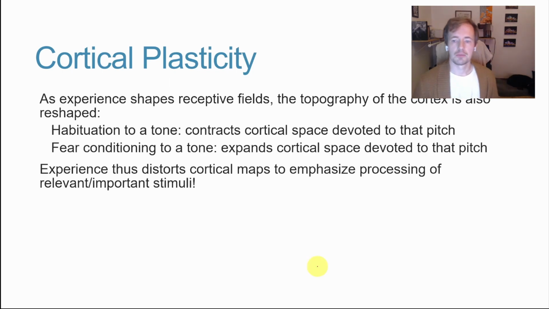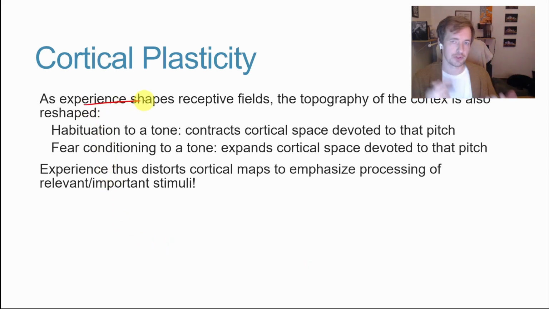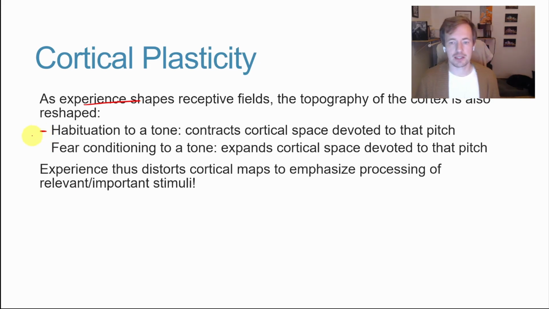All right. So as we continue to experience these things, whether it be through training or through practice or whatever, the way that cortex is organized is also going to change. Whenever we habituate to things, the cortical space that is typically devoted to that specific stimulus changes.